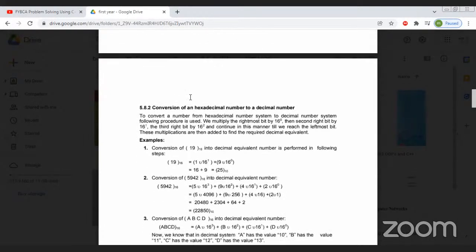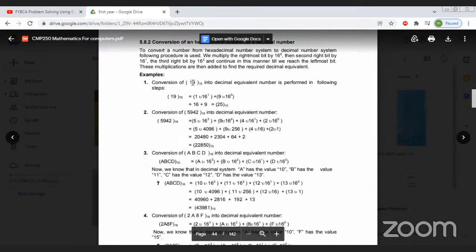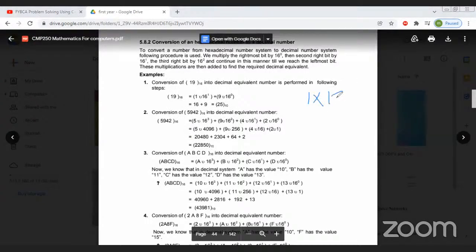Now conversion of a hexadecimal number to a decimal number. If this is your number, same way, the same method which you used for binary numbers. 1 is multiplied by 16 raised to 1 plus 9 is multiplied by 16 raised to 0. But the rightmost power should be raised to the power 0, and here it will be 1. Correct?